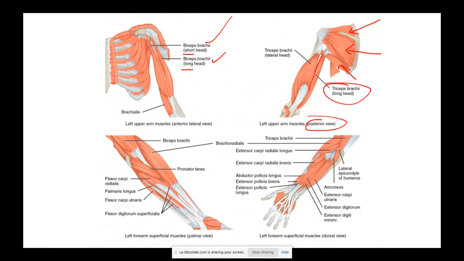You see how the long head of the triceps pierces between teres minor, which is going to be here, and teres major, which would be underneath it. It's not showing it there. Okay? So on the upper right-hand side, you have the supraspinatus, the infraspinatus, and the teres minor.